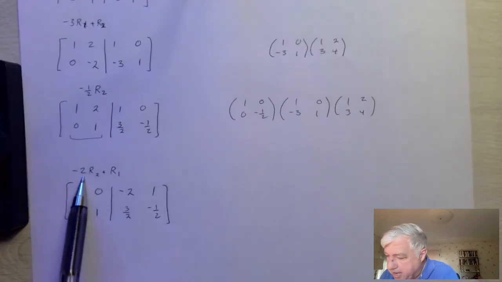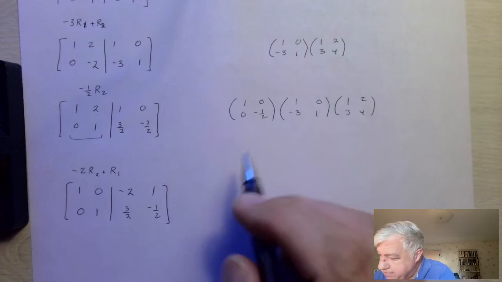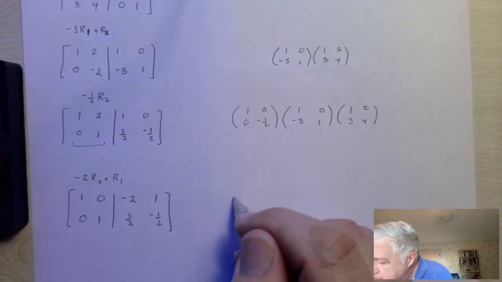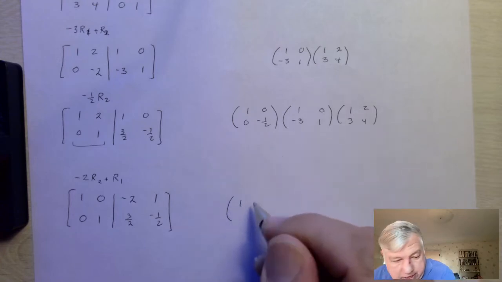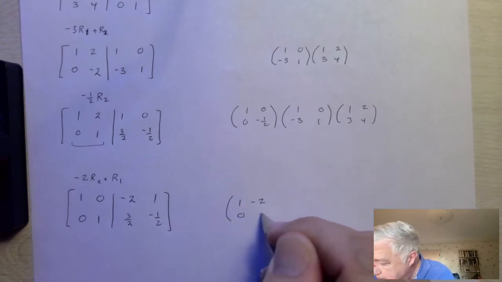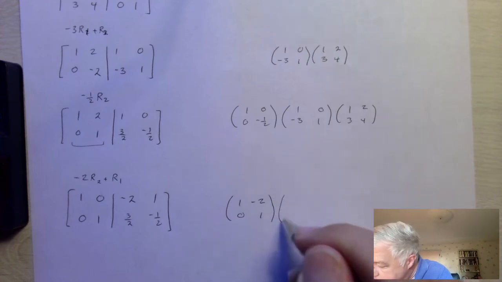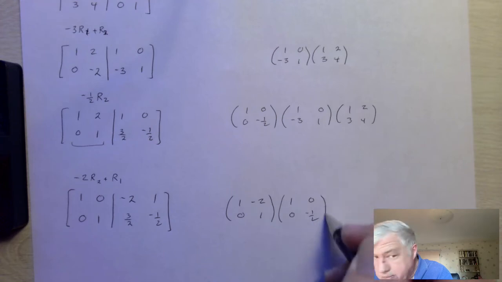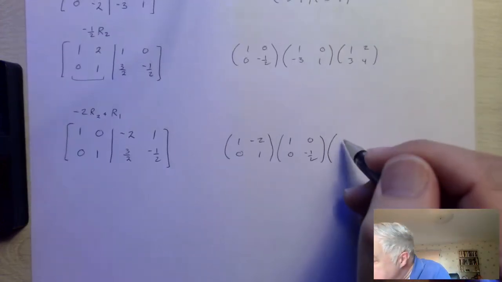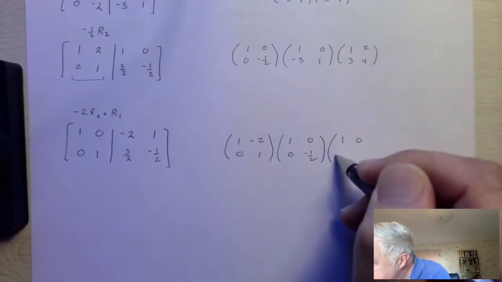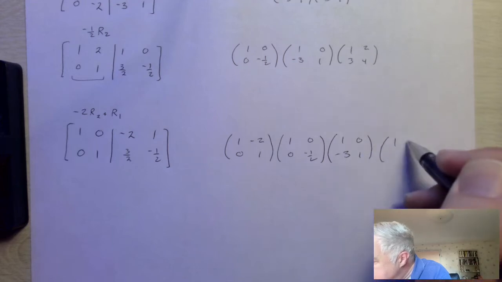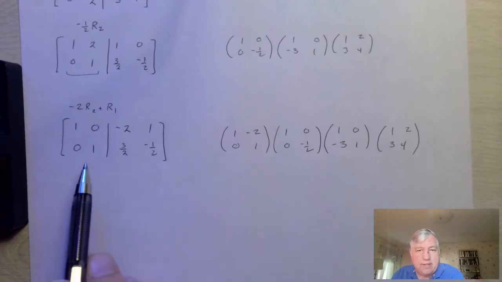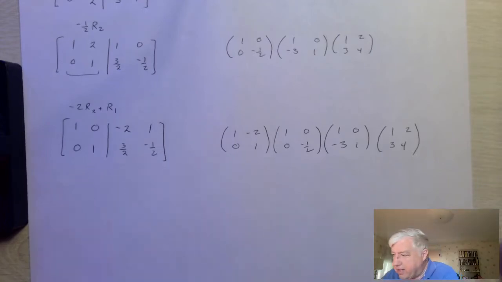Okay, and then this was negative 2 R2 plus R1. So the matrix that corresponds to that would be 1, negative 2, 0, 1. Okay, and that in fact is equal to the identity matrix.